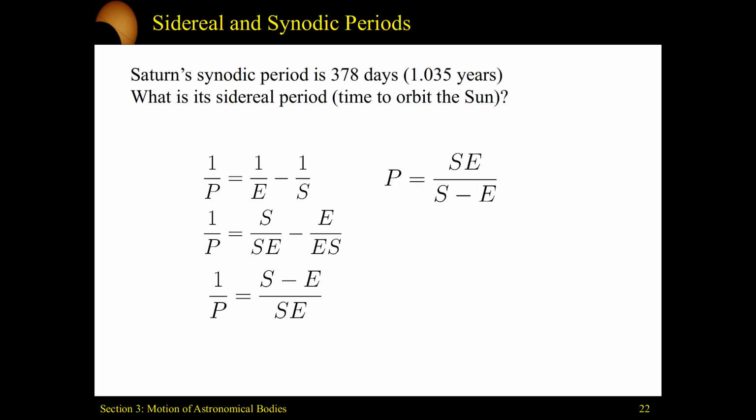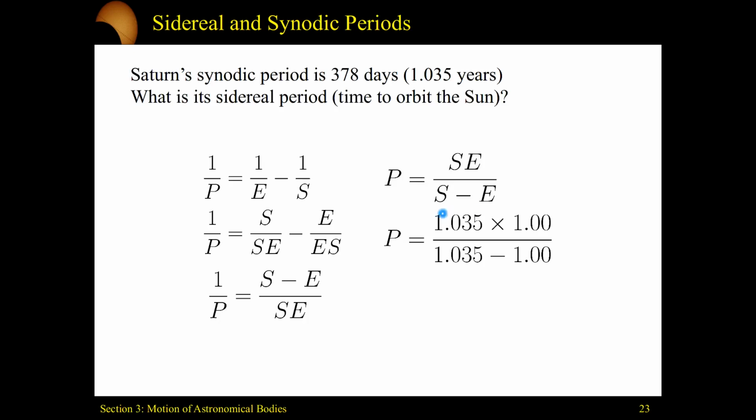Jump to our newest equation, where we can now say that the sidereal period of Saturn is the product of the synodic period and Earth's sidereal period, divided by the synodic period of Saturn minus Earth's sidereal period. If you're having trouble keeping up with the terms here, let's just plug in the numbers so we have some sort of context.